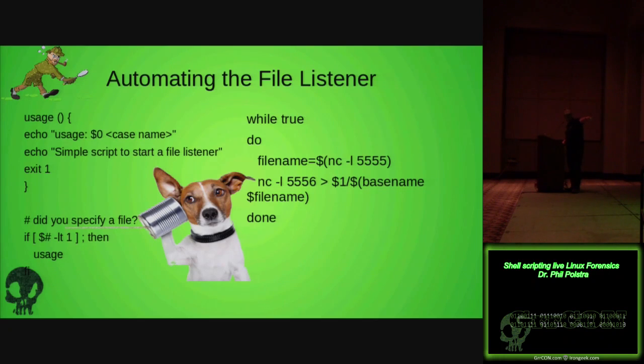So it's going to drop into the next line where I create another listener on port 5556, and I redirect everything to my file. And then it's going to go back to the top and create another listener for a file name. And it works pretty well. It's like the poor man's FTP, essentially.